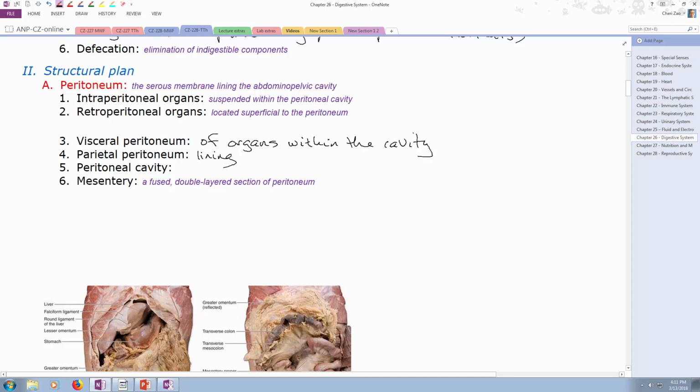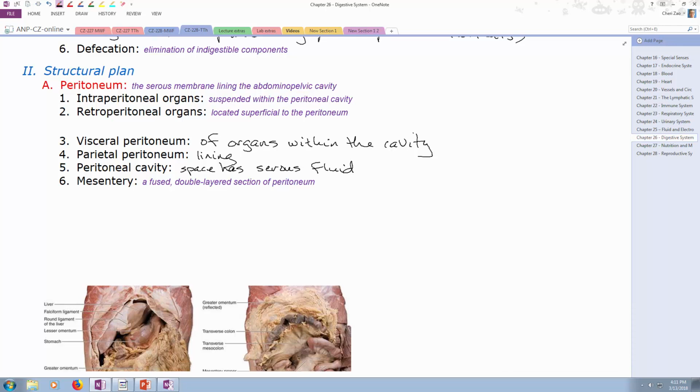So the organ has to be within the peritoneal cavity. So there is a small space between the organs and their visceral lining and the peritoneal cavity, and this space has a serous fluid. It's not a large amount, it's a small amount, just like we had in our pleural cavity.